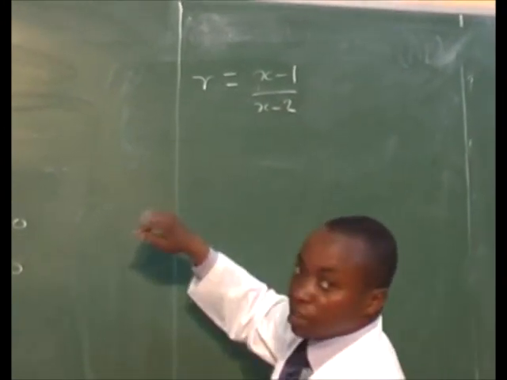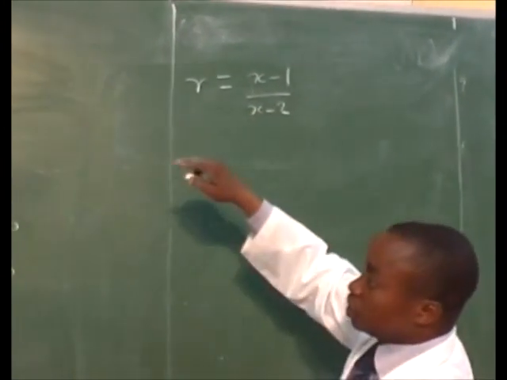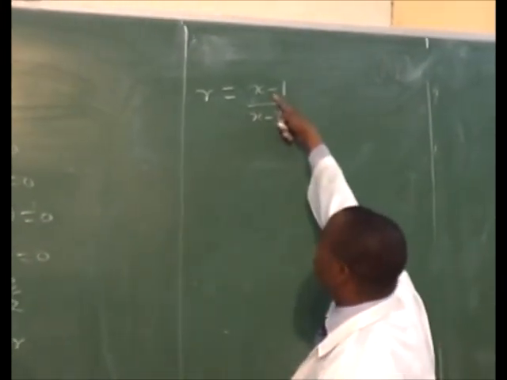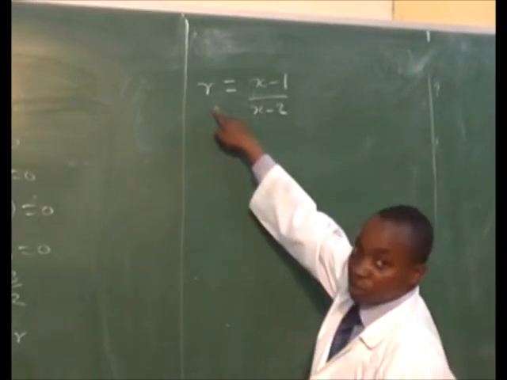Because we said to get R, we must divide the second term by the first term. So x minus 1 all over x minus 2 will be equal to R.